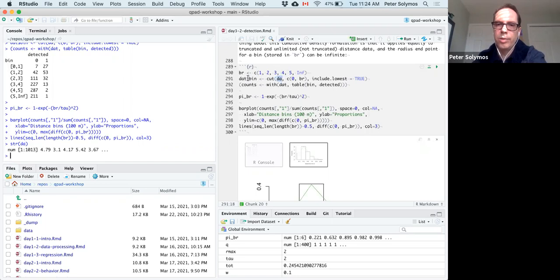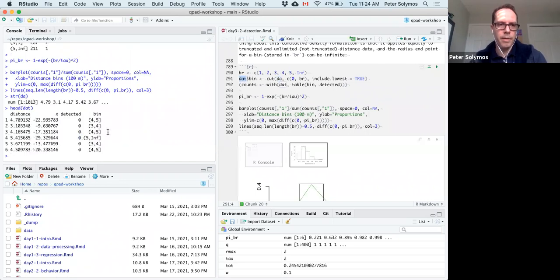Now we can put these into bins. So we have that data frame called DAT, which had the distances, and now we have this binned data.